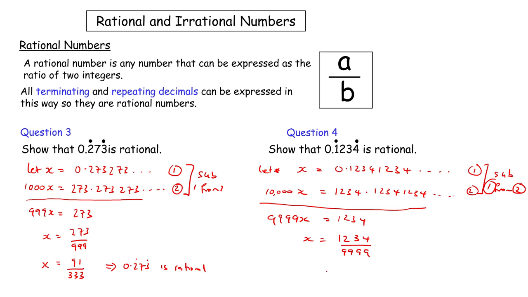Fraction. So the implication then is that 0.1234 is rational. Good. Let's have a look at some more examples. So hit pause, write these down if you haven't already, and then when you're ready to look at a couple more examples, hit play again.